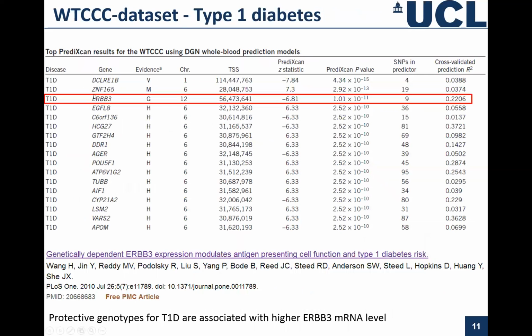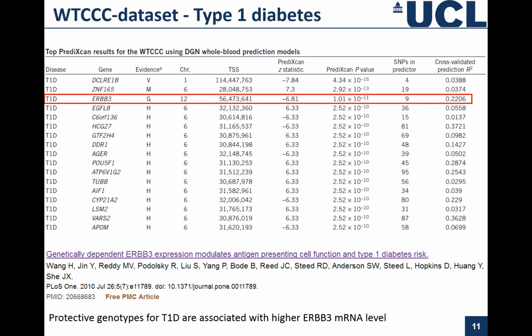So this is an example of a table, the results of the PredictXcan methodology, which doesn't show anything special. Here's the p-value and SNPs used as predictor for the gene expression level.